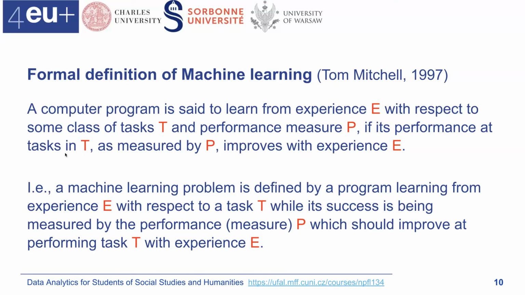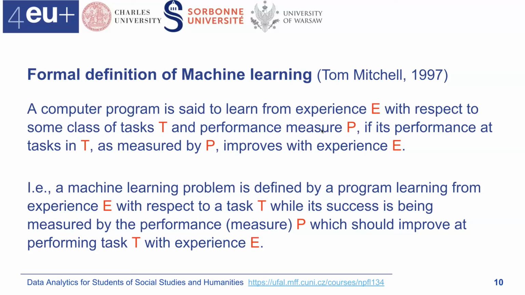This definition says a computer program, in other words, computer or machine, is set to learn from experience E. By experience, we mean the examples with respect to some class of task T. So we are addressing task T, and performance measure P.